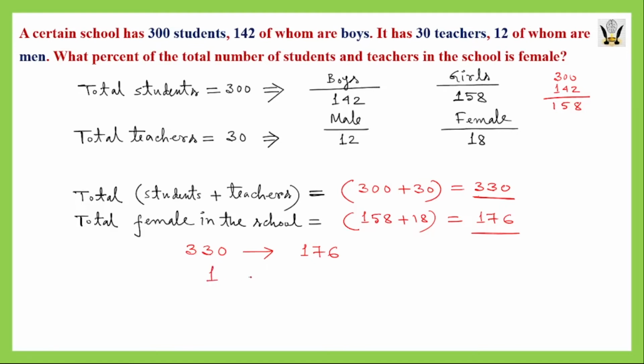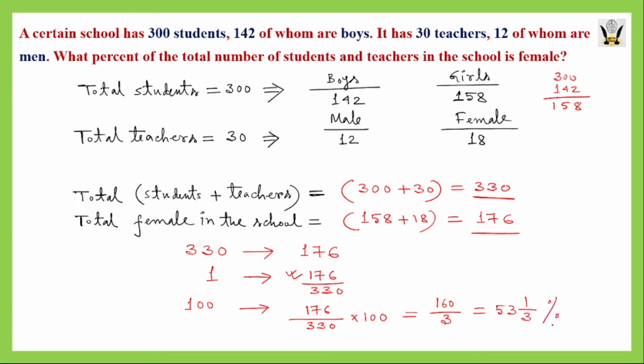Out of 1, definitely it will be less than 1, so it will be 176 divided by 330, and out of 100, it will be 176 divided by 330 multiplied by 100. Out of 1, if this is the count, then out of 100 definitely it will be 100 times, so we have to multiply it by 100. It will be 160 divided by 3, and that means 53 and 1/3. In percentage, it will be 53 and 1/3 percent.